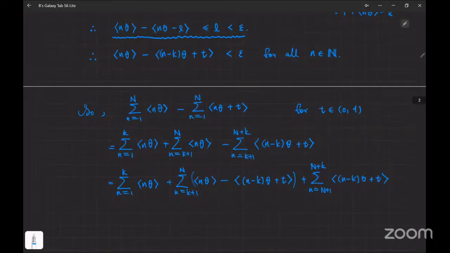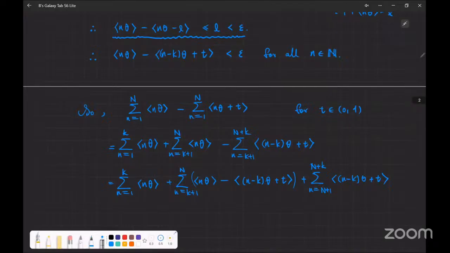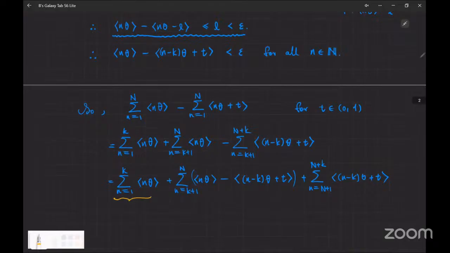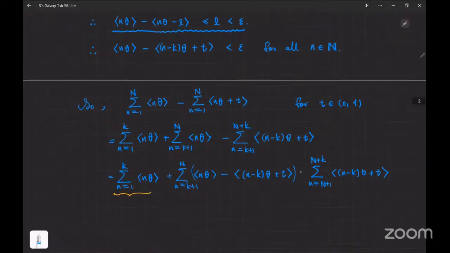Okay, so now let's bound this. The first term right here is all numbers between 0 and 1, and there are k of those. Also, we have a subtraction here. So let's think about this a little bit.